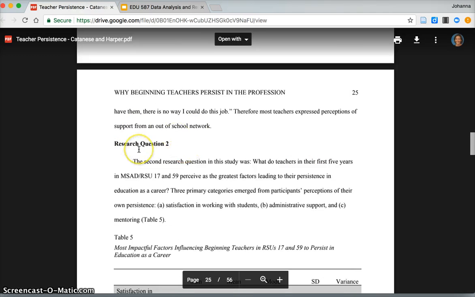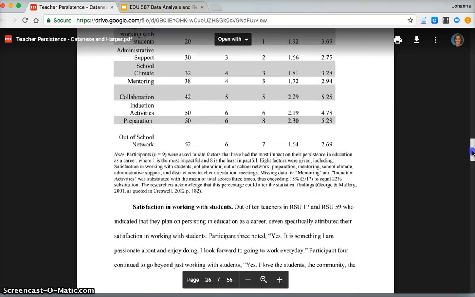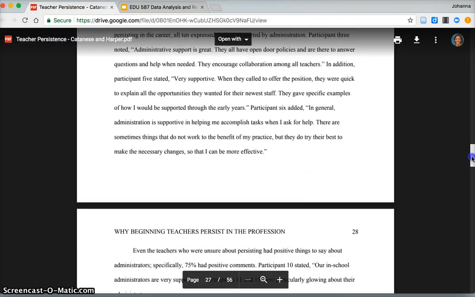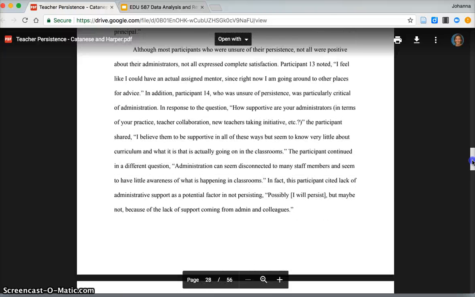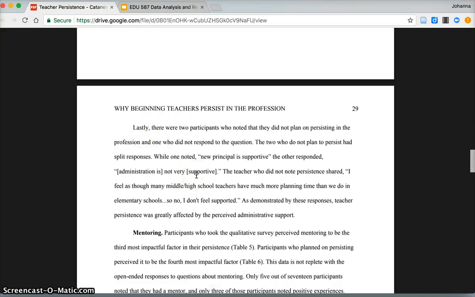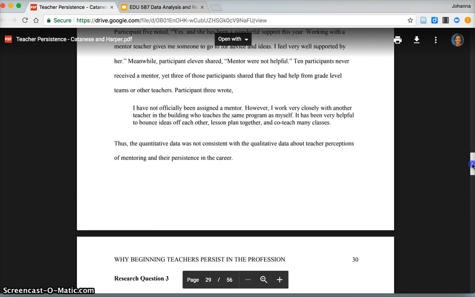Then they move into research question 2 and present their findings and move us through the evidence, again quantitative and qualitative, for what they claim to have found. Breaking it again into those subheadings, and really effective use of transitions in their writing. Those pieces help to move the reader through the findings.